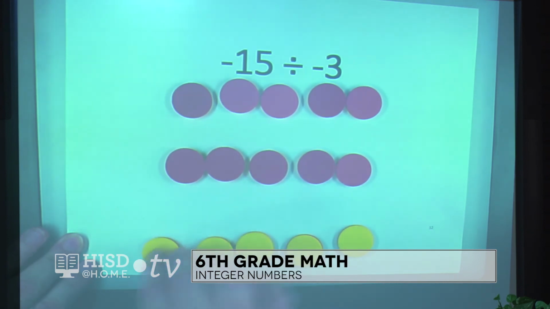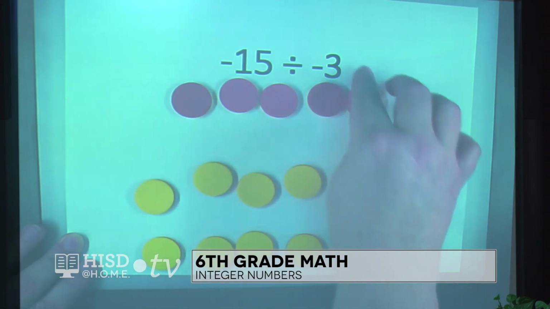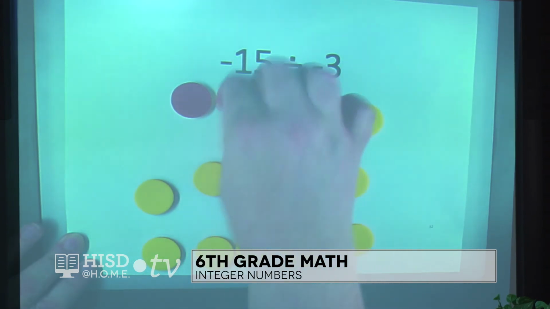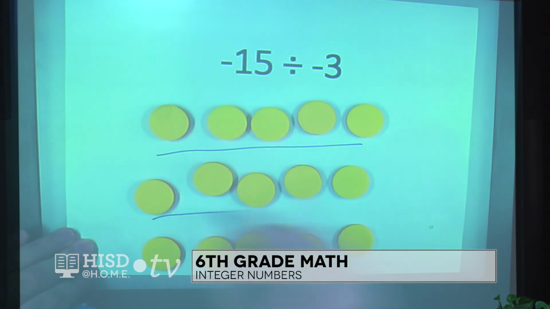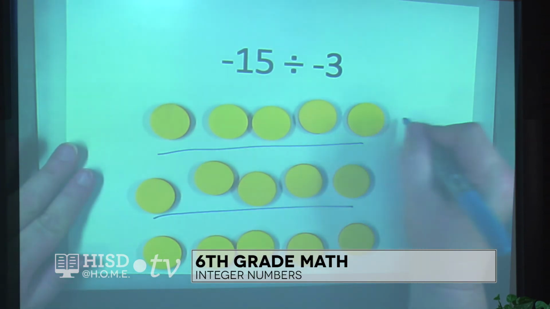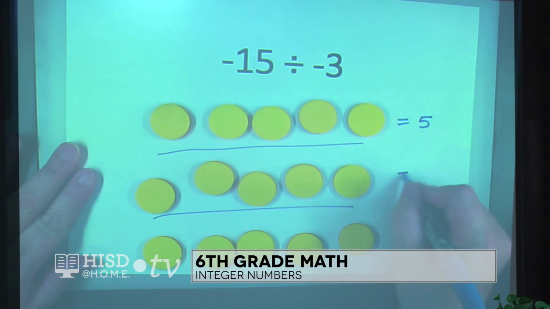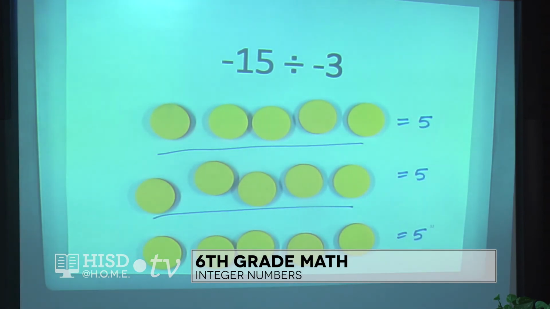I take the opposite. So negative 15 divided by negative 3 gives me groups of positive 5.